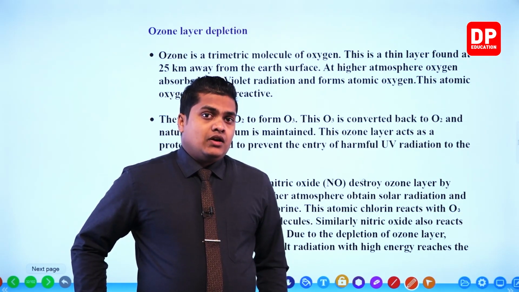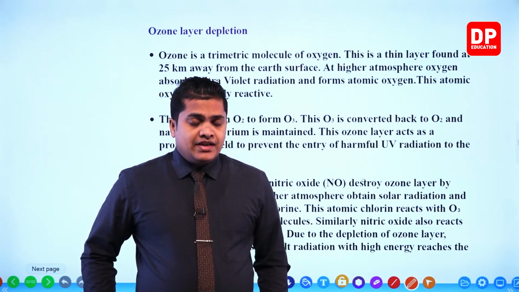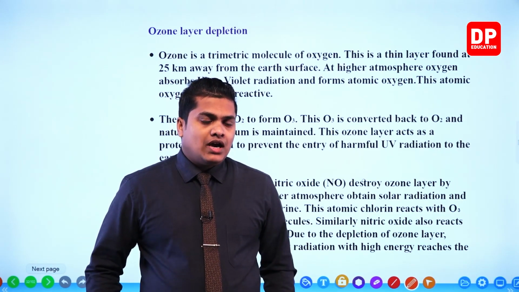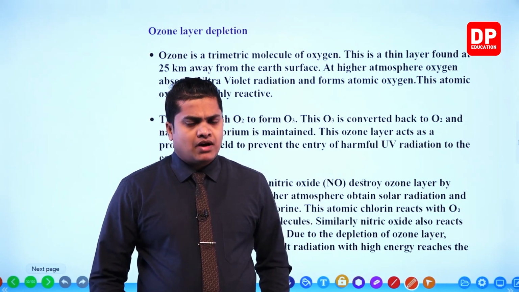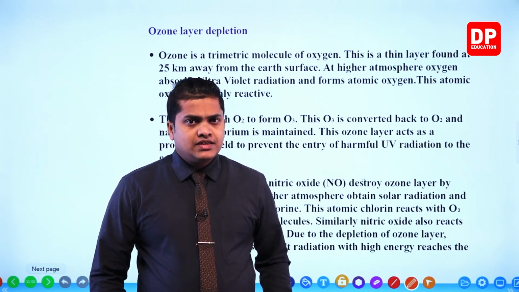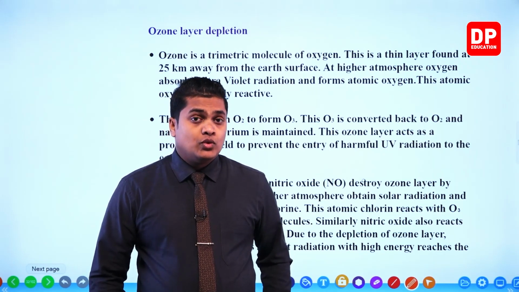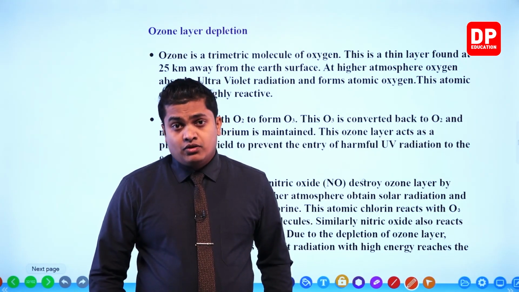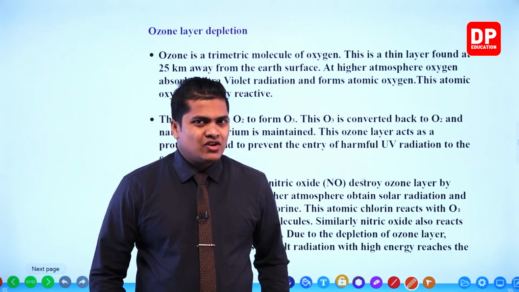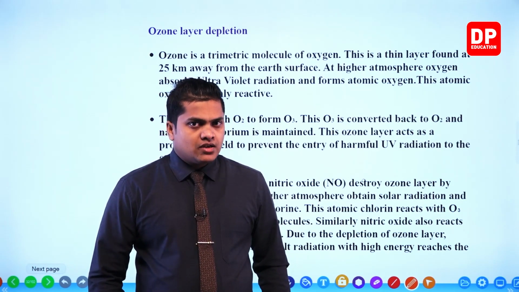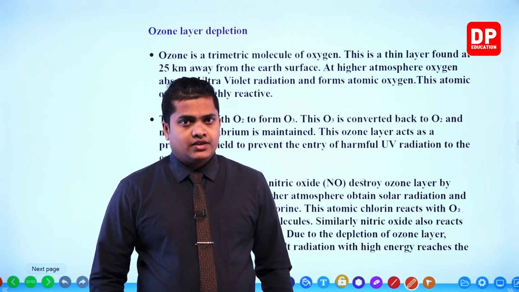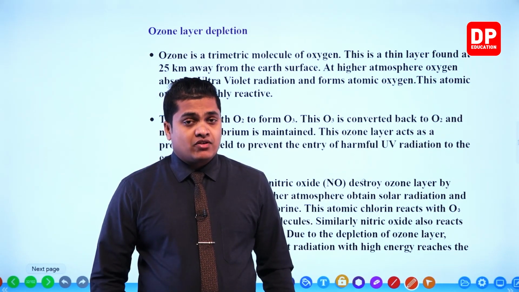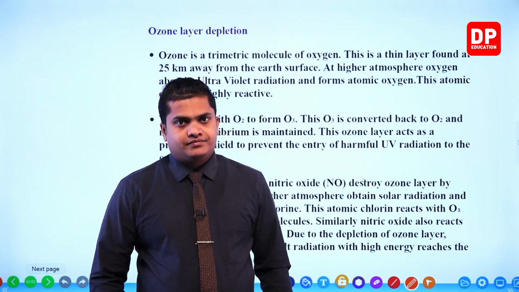Oxygen has the ability to absorb solar radiation, and because of absorbing solar radiation from the sun, the oxygen molecule breaks down into atomic oxygen. Now you know that atomic oxygen is very reactive.